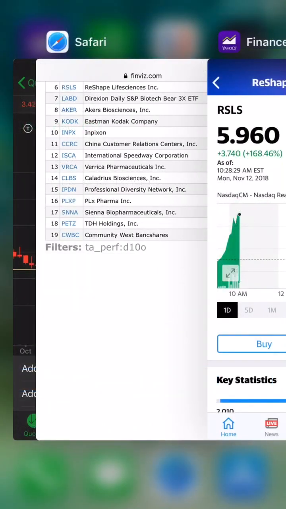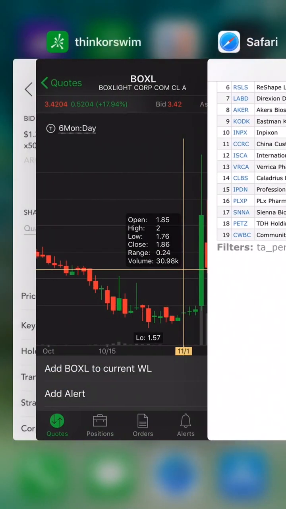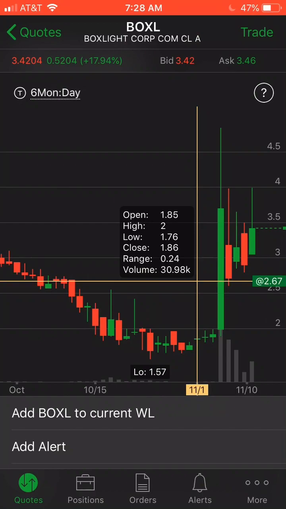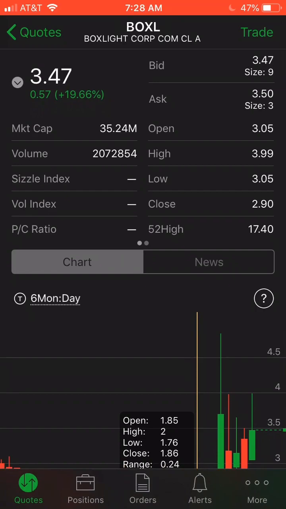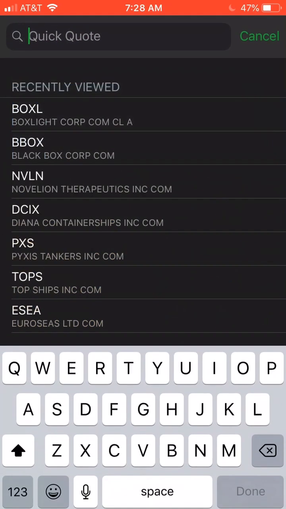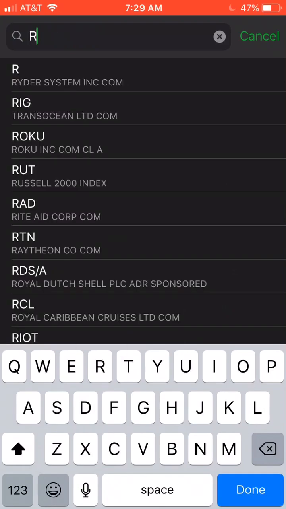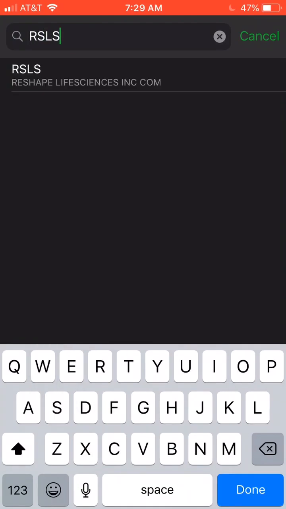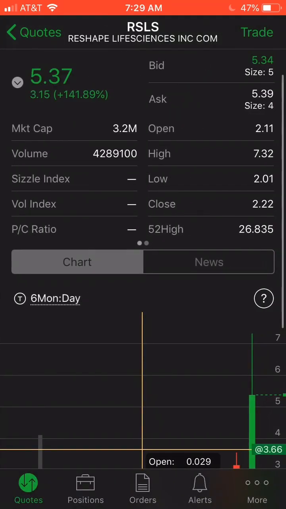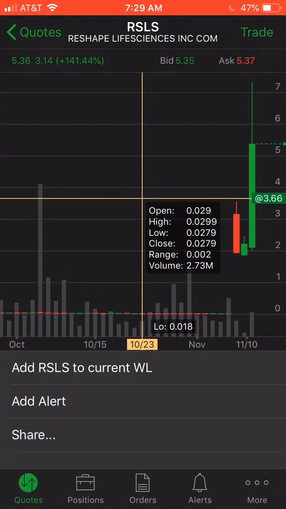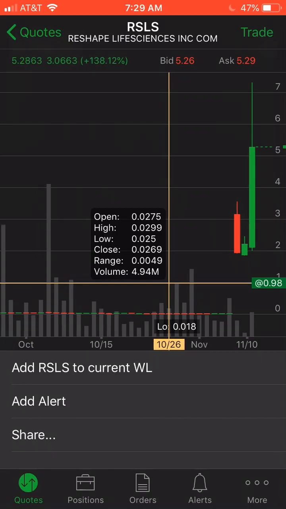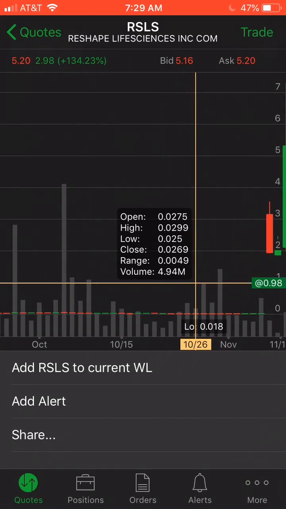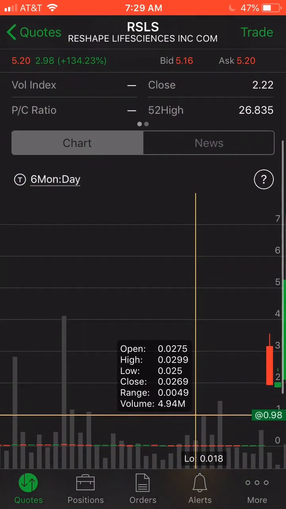So I could go back to Thinkorswim now and let me look at the daily chart. So RSLS. Is this the 6-month 1 day?